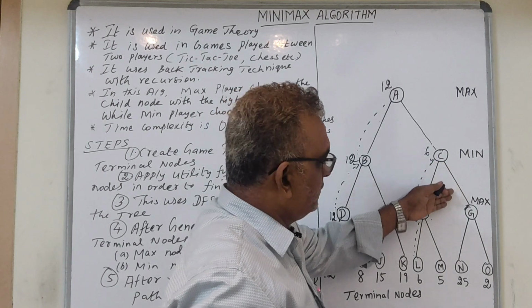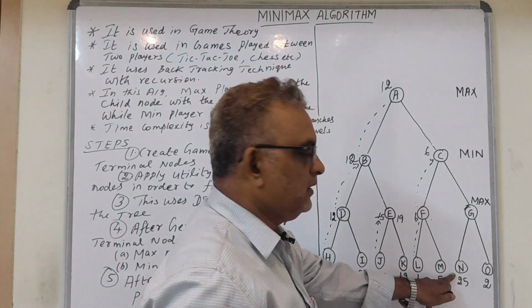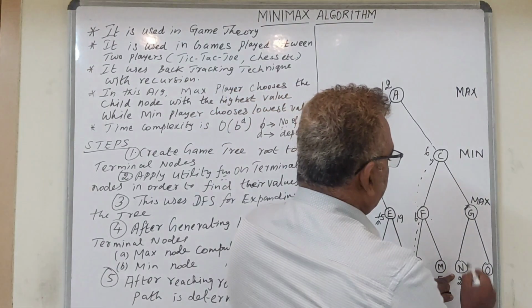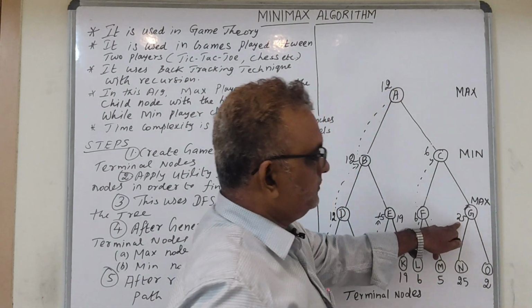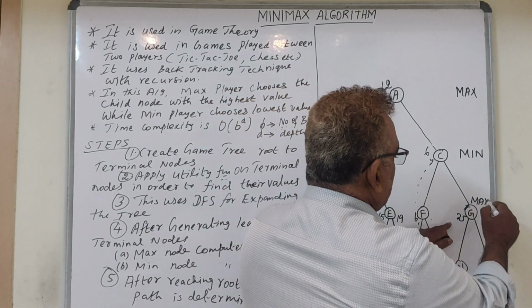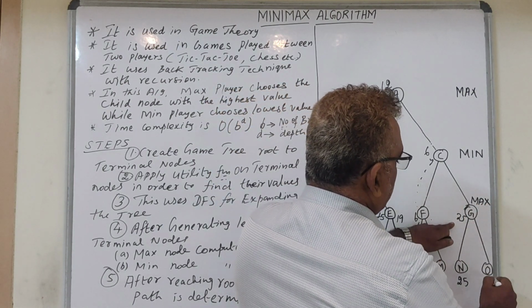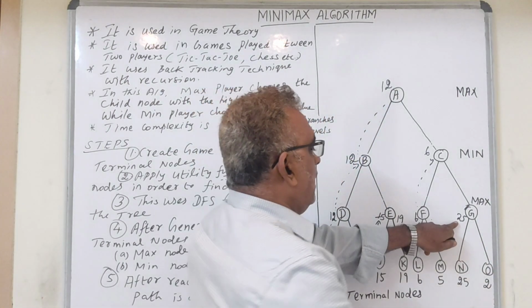Now from C we follow DFS, reaching the node N, which is 25, and this value is compared with the next node, that is 2. We have to consider only the maximum value, so this 2 will not be considered, and the value of J is 25.